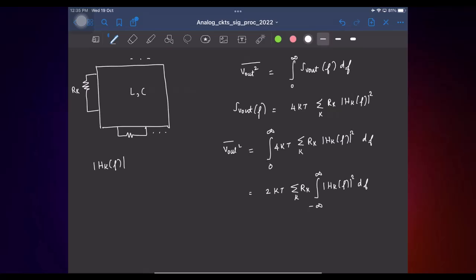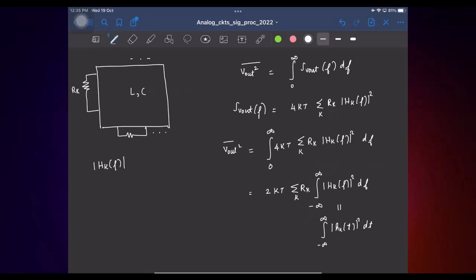It's 2kT, fine. So now, can you look at this and tell me if some result or theorem you learnt applies? Parseval, right? What did Parseval say several years back? In the time domain, this is equal to the integral of mod h_k(t) squared dt, right?